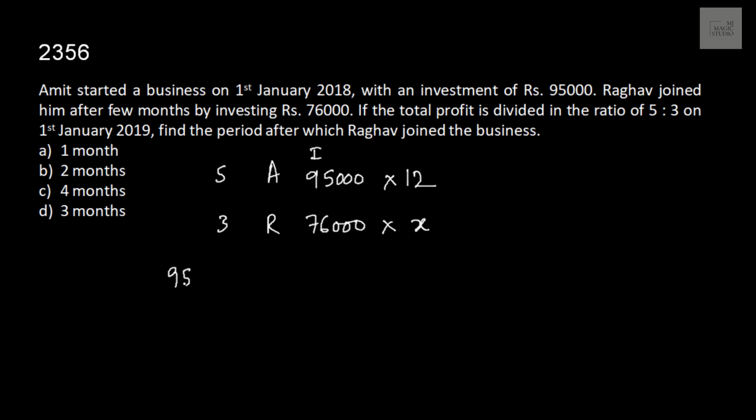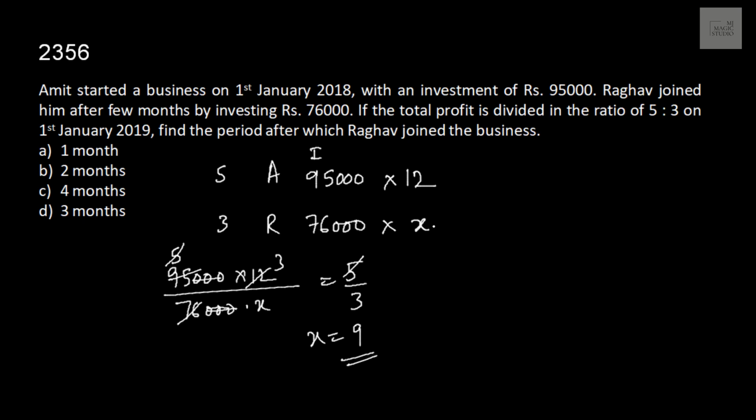So 95,000 into 12 by 76,000 into X is equal to 5/3. If we solve this, you'll find X, the number of months for which Raghav's investment was there. So X is equal to 9. That means Raghav invested his money for 9 months.